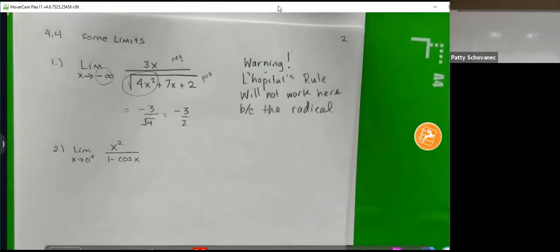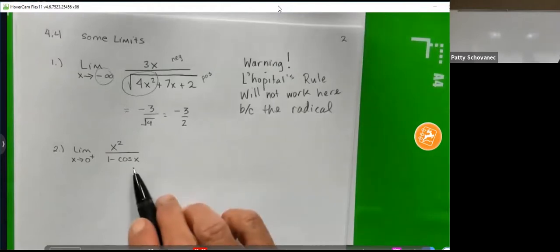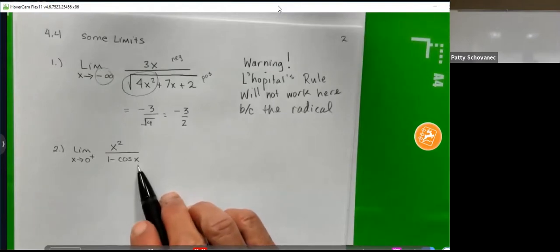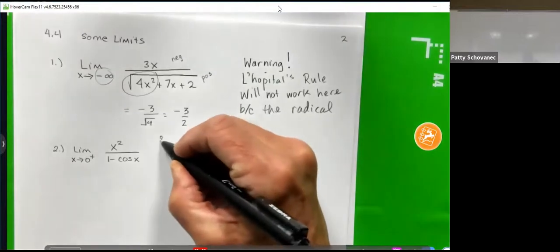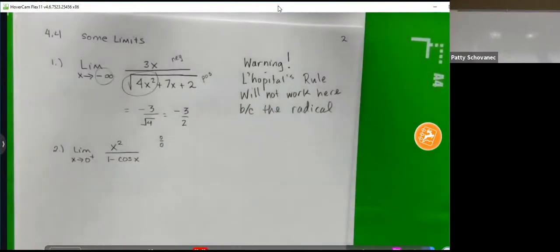That's not doing anything for us here. One minus cosine of x will go to 0 as x goes to 0 because the cosine of 0 is 1. So I have 0 on the bottom and 0 on the top. That's a good place for us to do L'Hopital's rule.